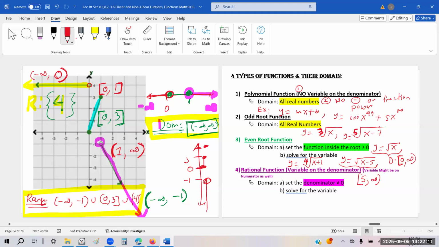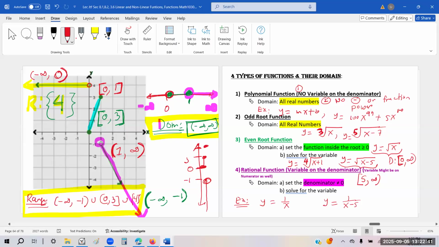So what we do is we take the denominator. For example, one example is y equals 1/x. Another example is 1/(x-5). Let's see. So what number can we not have on this denominator? 0. But we can have everything else besides 0.